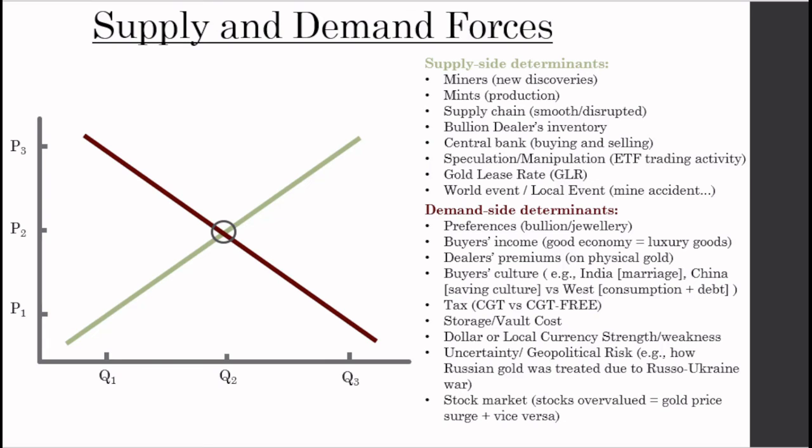So the stock market. Everybody knows the inverse relationship between the stock market and gold. Typically what happens is when stocks are overvalued, gold price surges, and when stocks are undervalued, the gold price decreases.